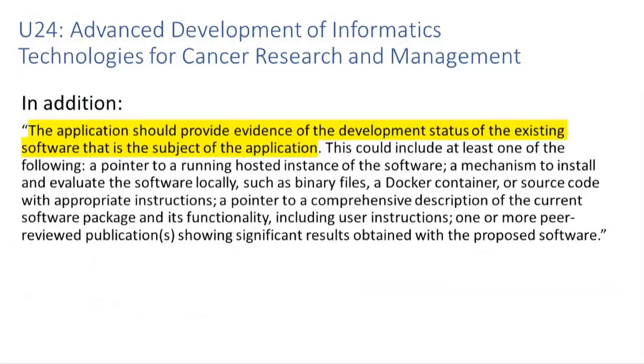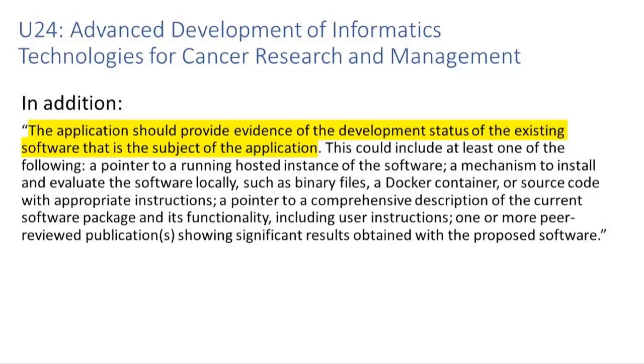One additional requirement in the Advanced Development U24 is that the applicant provide evidence of the development status of the existing software that's the subject of the application. Again, showing that this project is really appropriate for the U24 Advanced Development funding opportunity, which means there is existing software that is to be enhanced through this grant.